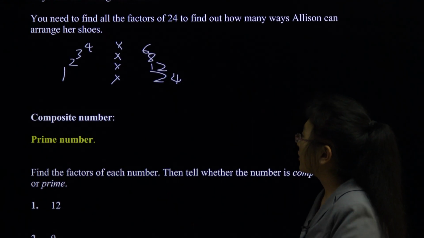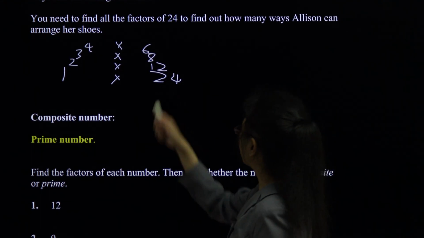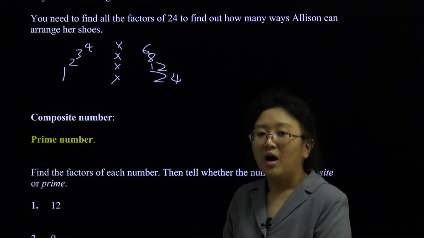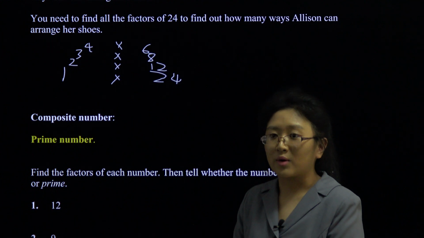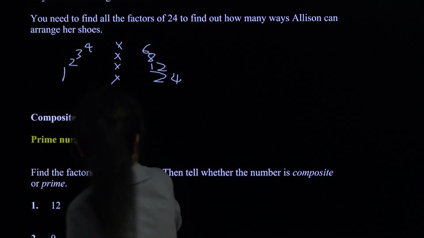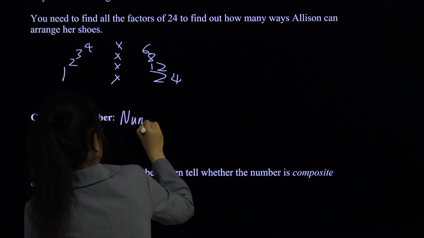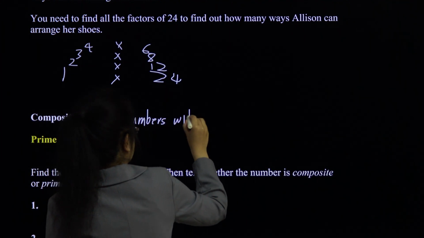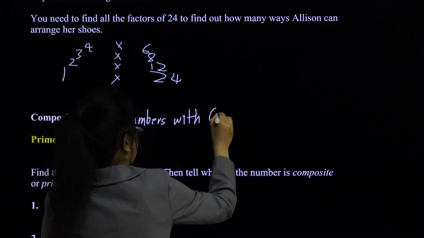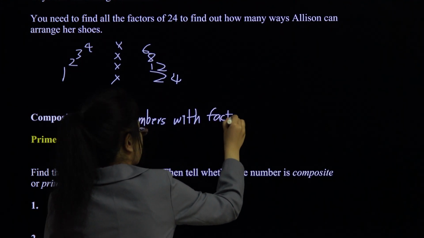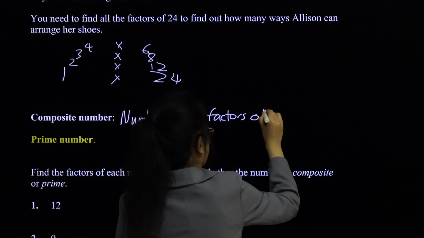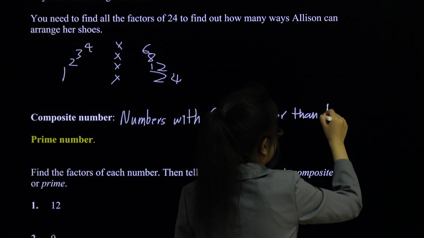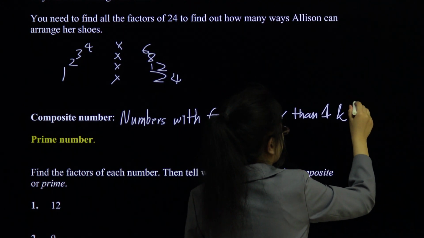So what's a composite number? A composite number would be something like 24. You have factors other than 1 and 24. Numbers with factors other than 1 and itself.